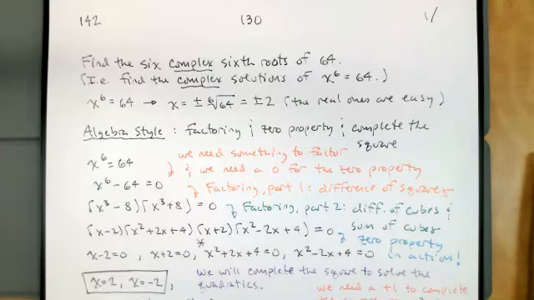The real ones are pretty easy to find. The inverse of a 6th power is a 1/6 power. So I can just undo the 6th power with a 6th root or a 1/6 power.